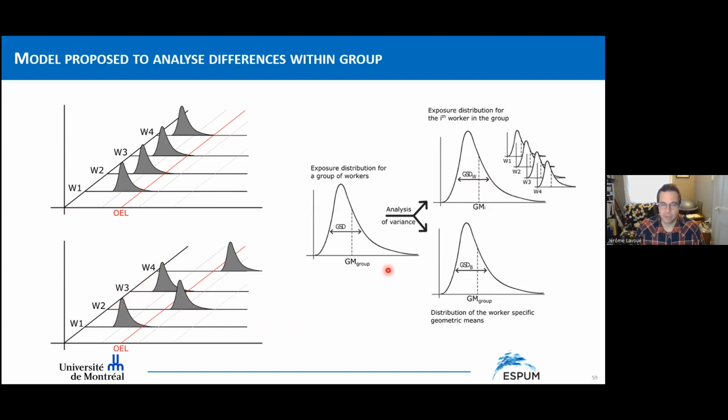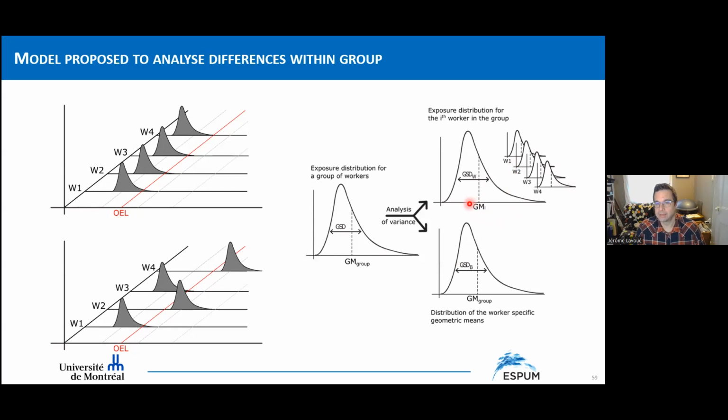So the ANOVA model is going to split the variance into a between worker component and a within worker component. So what you obtain is basically each worker ends up with his own exposure distribution. So you see here 4 distributions.